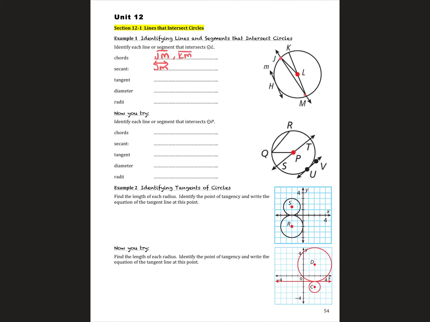A tangent touches at one point outside the circle, so that would be line M. They didn't give me two capital letters, so I can only name it line M. The diameter goes through the center, so line segment KM. The radii goes from center to the edge, such as JL, or KL, or LM. Those are all good examples.